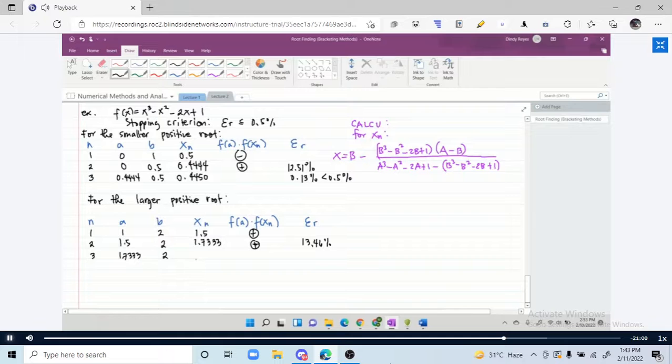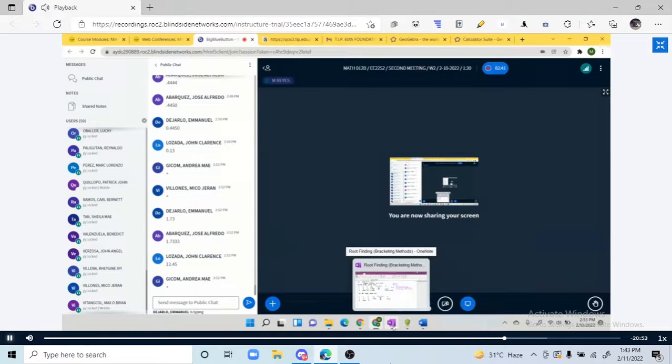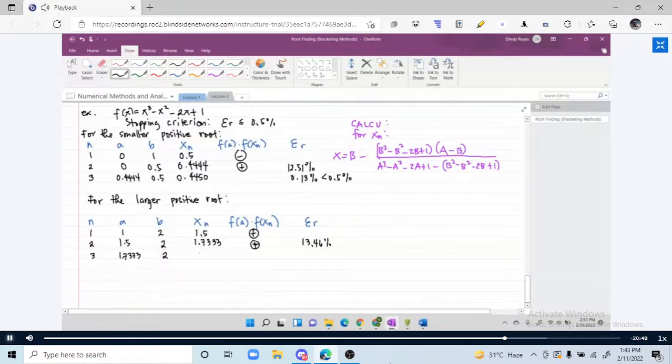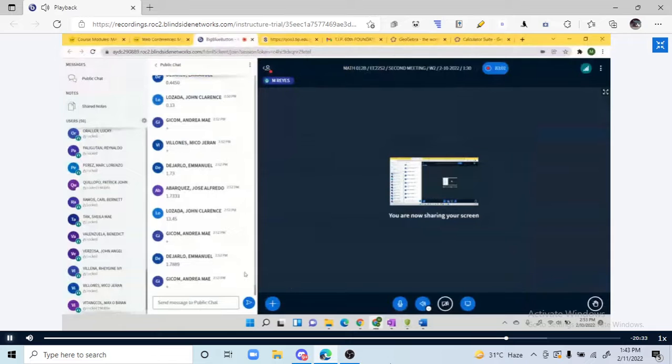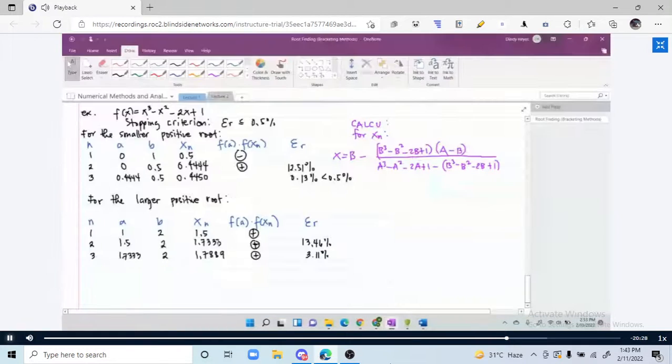What is x sub 3? 1.7889 is correct. This is still positive, I believe. Positive, kindly check. And kindly check if this is really 3.11. Positive, and then 3.11. Okay, thank you.